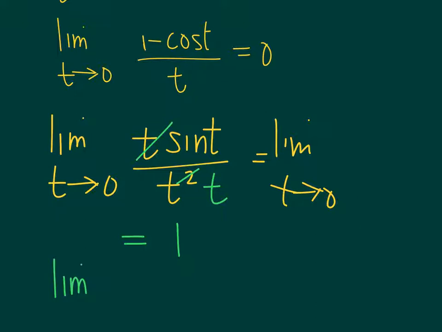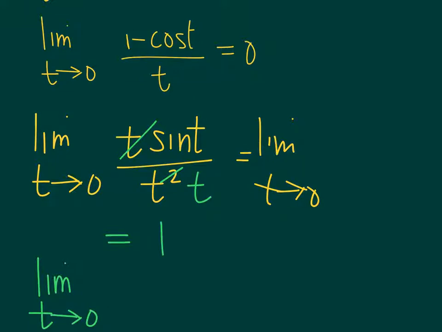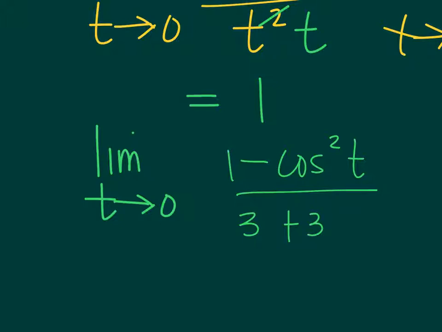Let's create a new problem from the 1 minus cosine t. I could make it like (1 minus cosine squared t) over (3 plus 3 cosine t), and then say I'll put a t outside.